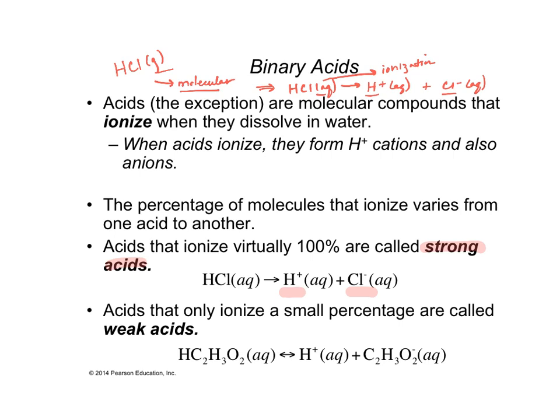So we do get these ion formations. On the other hand, we also have something called weak acids, and weak acids only partially ionize when we put them in water. So that would be something like acetic acid right here. So for the most part, with acetic acid, these guys stay together, and you only get very little formation of this H plus and the acetate.